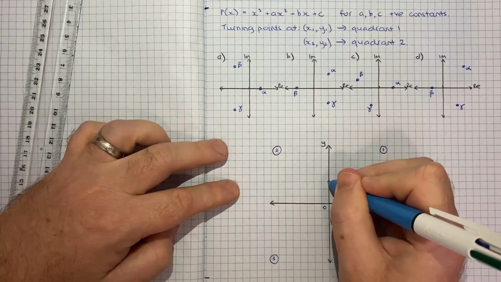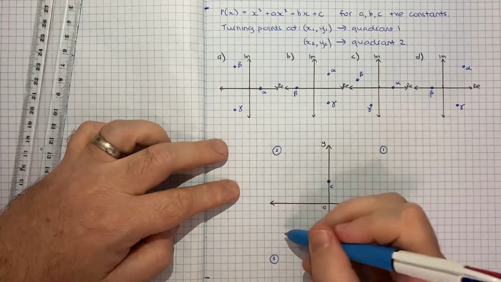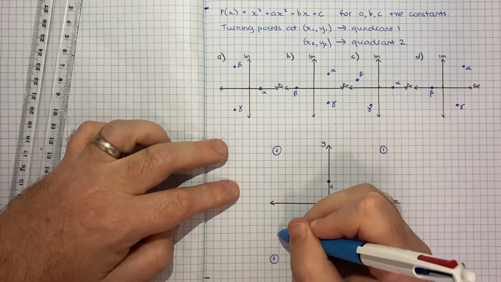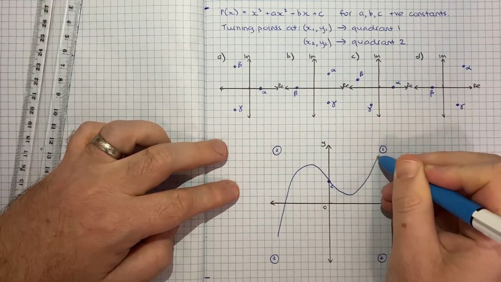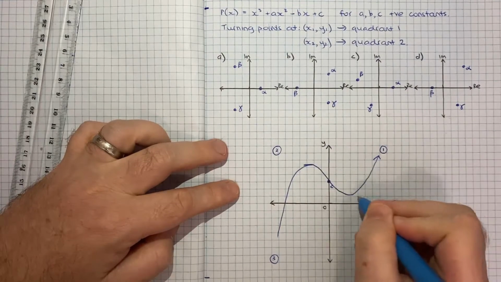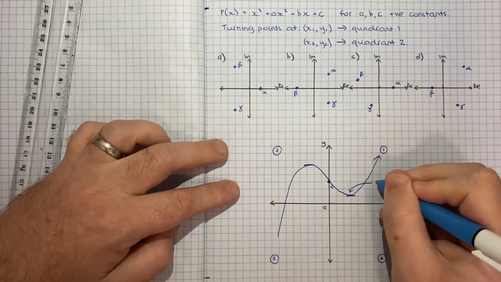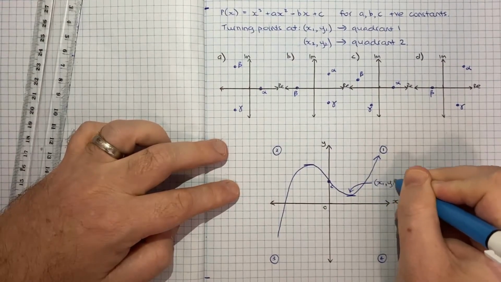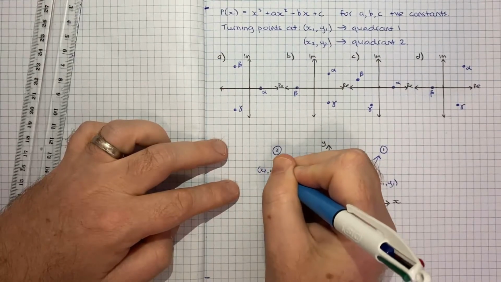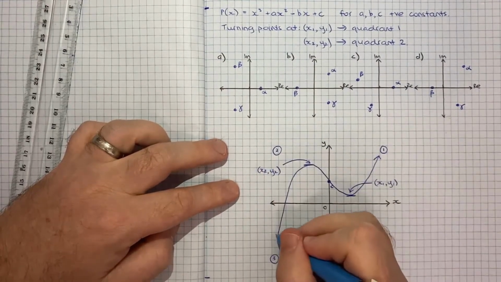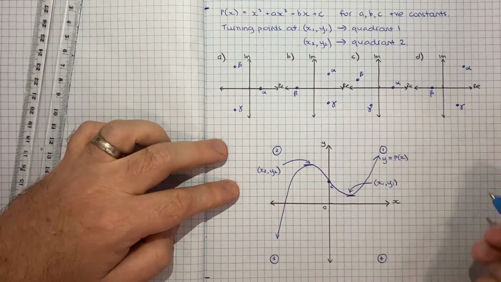It's going to cross the y-axis at some point c. And essentially the cubic will look something like this. And these are our 2 turning points. So I know this point here would be (x1, y1), and this point here would be (x2, y2). And so this is y equals the polynomial p(x).